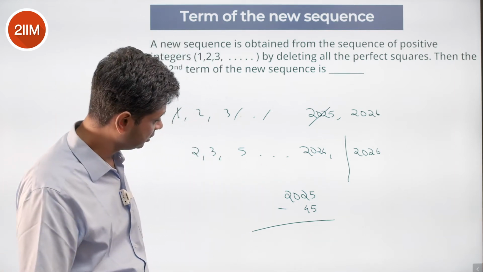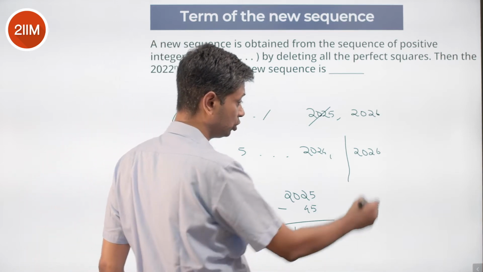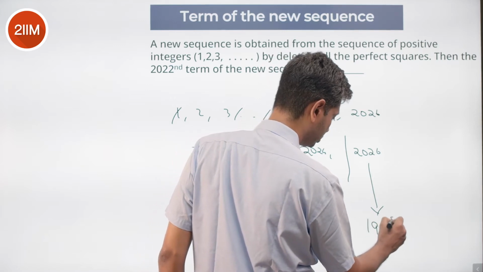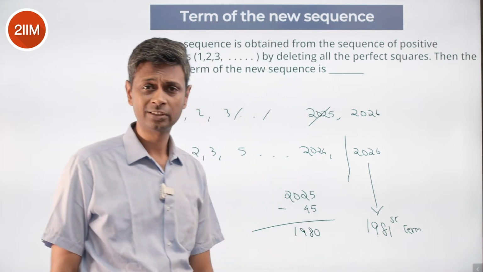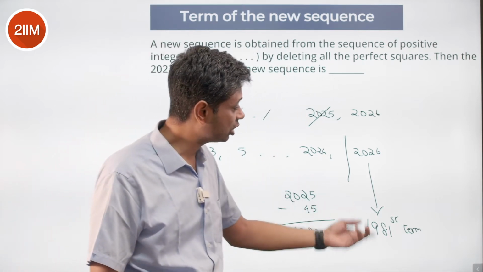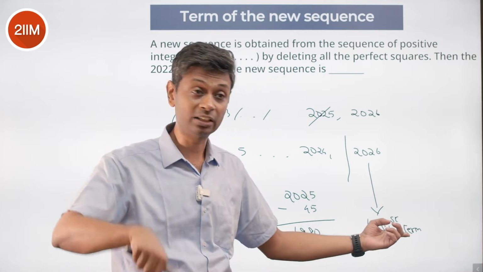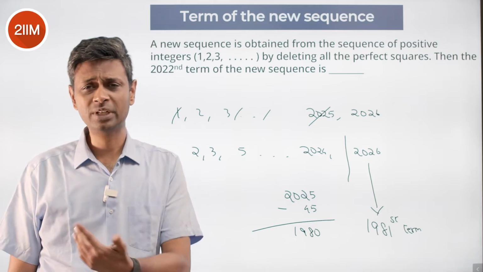If I subtract this, it is 1980 terms. So 2026 is the 1981st term. The 1982nd term is 2027, the 1983rd term is 2028, the 1984th term is 2029 and so on.